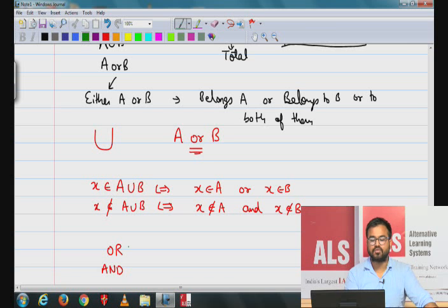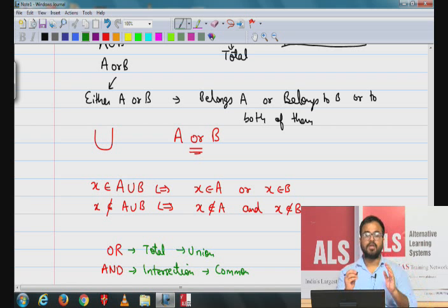The meaning of these two words is that or means total, or you can say union, and and means intersection, or you can also say common. So if we say that X belongs to A union B, it means X belongs to A or X belongs to B. This notation you have to remember.